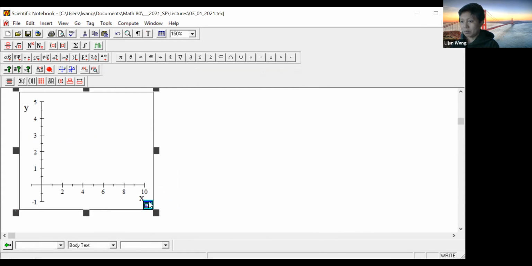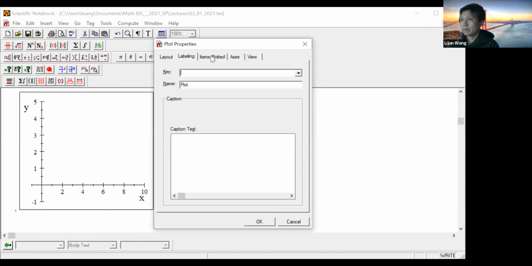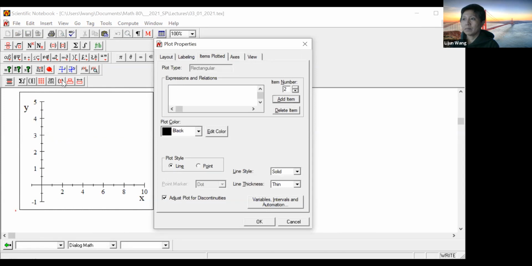Now we're plotting the points. 1, 1. 4, 2. 9, 3.